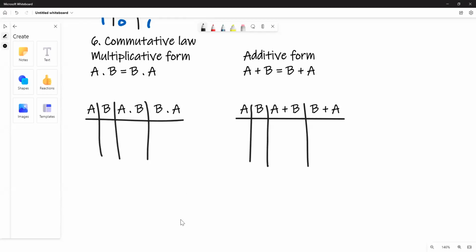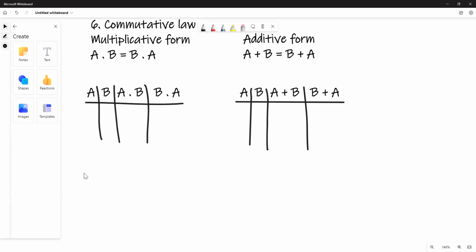It's the seventh one. Now, seventh one, again, there are two forms. We call it the associative law, right? So let's write down the associative law.